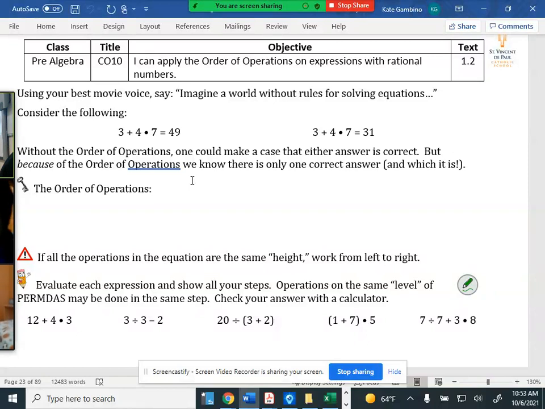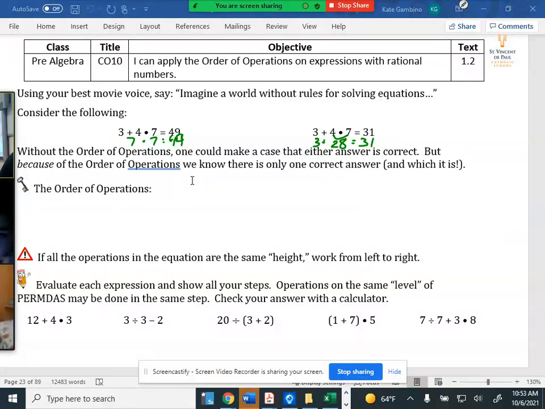Because here, if we're adding straight across, 3 plus 4 is 7, times 7, it equals 49. But then somebody else decides they want to do 4 times 7 is 28, plus our 3 equals 31. It's the same numbers, same operations, and we get a different answer.